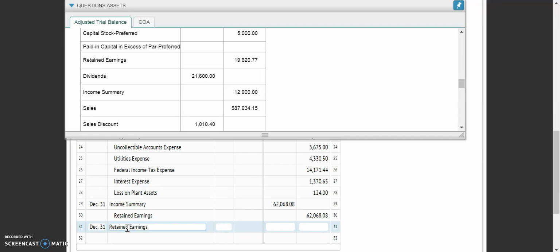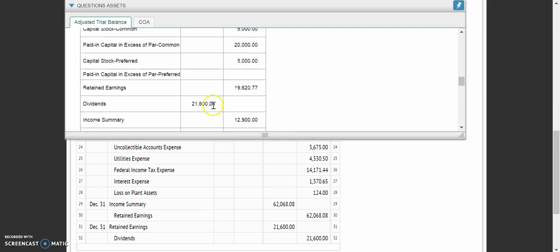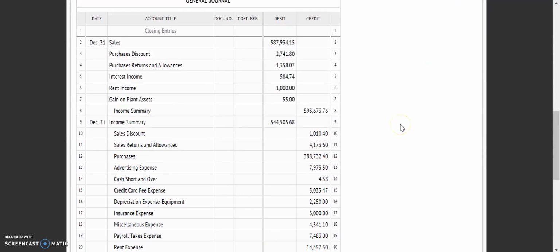So the amount of money the corporation hangs on to goes down because they are paying those dividends out. So dividends gets credited for the amount that's listed in our adjusted trial balance right here, 21,600. So those are our 4 closing entries.